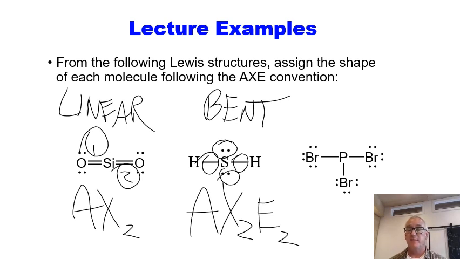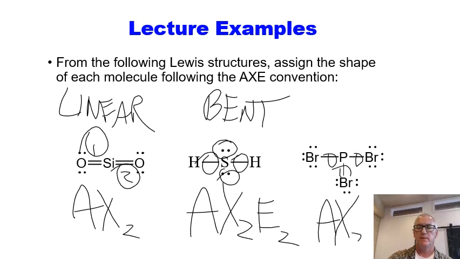And then finally, we have the last one. What would be the name of this? That's right. It would be phosphorus tribromide. So I've got phosphorus in the middle and 3 bromines around it. So AX3, and no lone pairs.